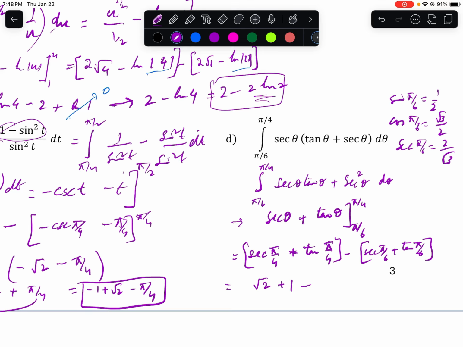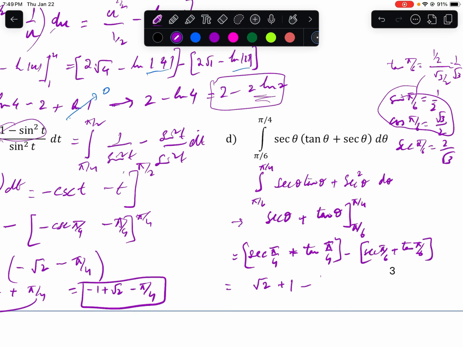Now I already wrote this, so you can easily from here figure out what is tangent of pi over 6. It will be sine over cosine. So it will be 1/2 divided by square root of 3 over 2, which makes it 1 over square root of 3. When you rationalize this one, we can write it first and then do rationalizing.